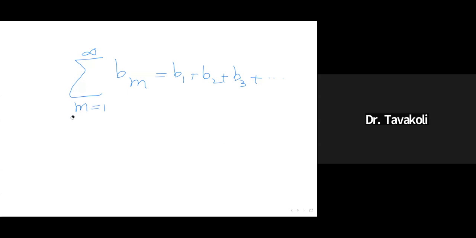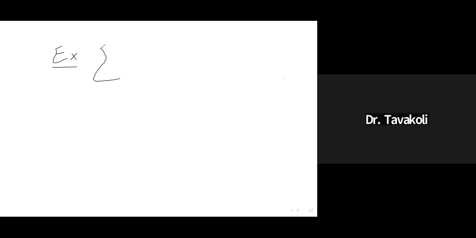Okay, let's see some examples of infinite series. For example, sigma of 1 over n, n runs from 1 to infinity. What is this series? If I want to write down some of the terms, when n is 1, 1 over 1 is 1 plus.